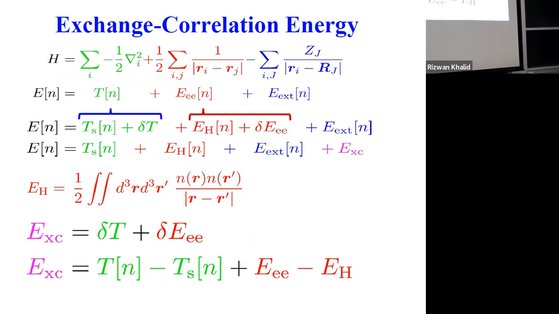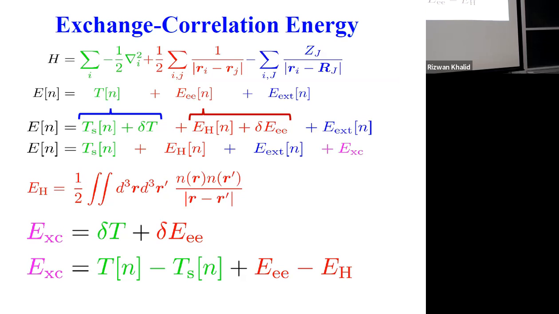We split this total kinetic energy into two parts. So we say that the kinetic energy of interacting particles is equal to the kinetic energy of non-interacting particles plus some correction. And we don't know what this correction is as of now. We can write T[n] is equal to Ts[n]. Ts[n] is the kinetic energy of non-interacting particles.